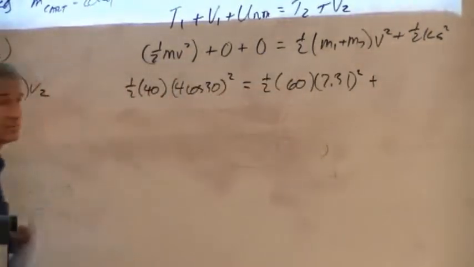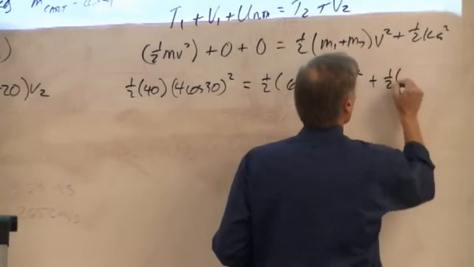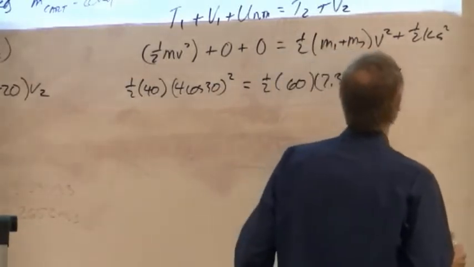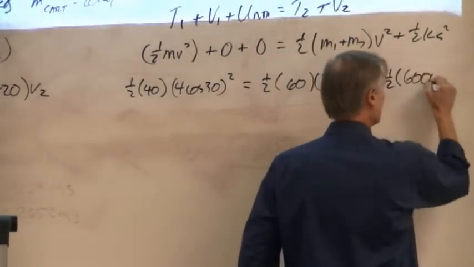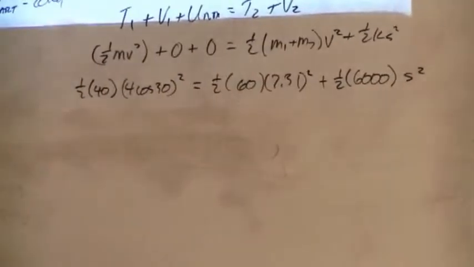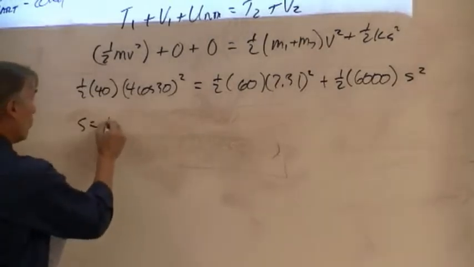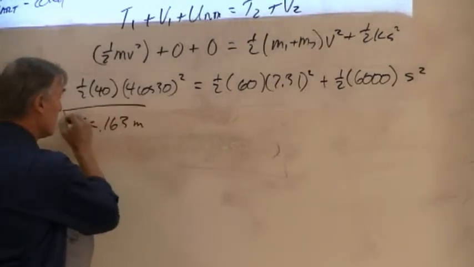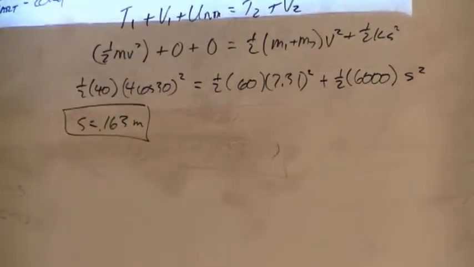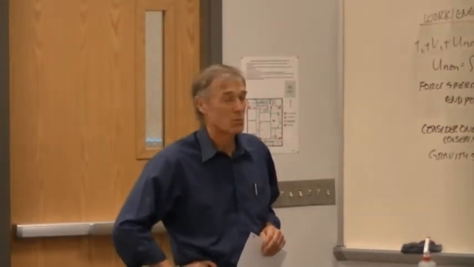And I have a spring, 1/2, and the spring constant is given as 6 kilonewtons per meter, so that's 6,000 newtons per meter. And I can solve for s, and s is 0.163 meters. That's how much the spring gets compressed. It's that long.